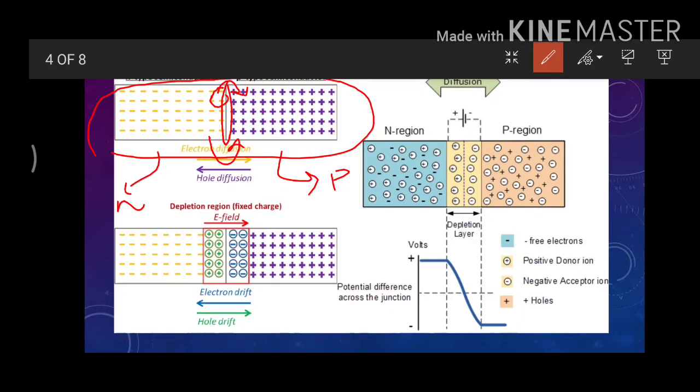As you can see in the picture, this is the depletion region formed due to the migration of electrons and holes, which is all due to diffusion. Whenever the electron jumps to the atom which has a hole, it creates a positive ion.